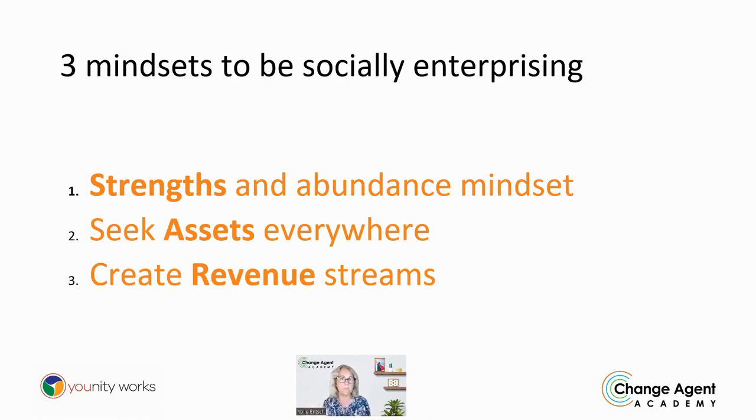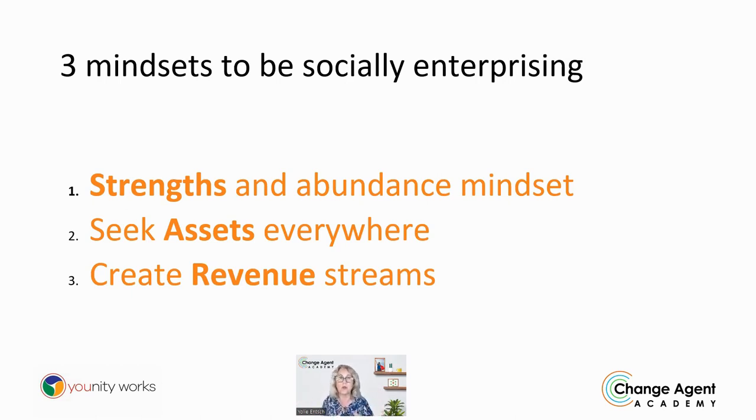And with your strengths mindset, you're actually looking at all the positives, all the great stories, all the great resources in your community that can contribute to solving the problem in your community. And you're looking at not the problem as a deficit or an issue. You're looking at possibilities. You're looking at abundance. You're looking at what's working well. And all of that together helps to build your abundance mindset.